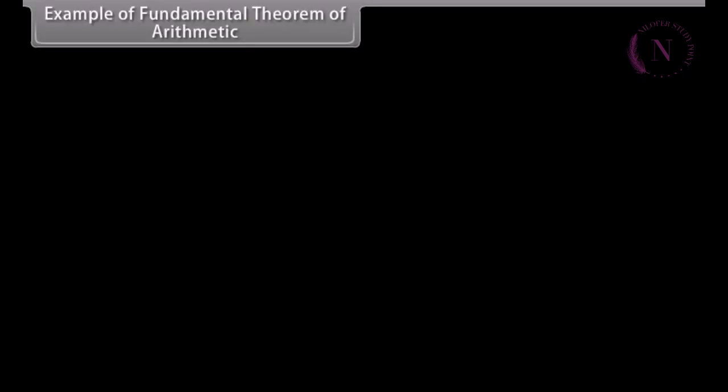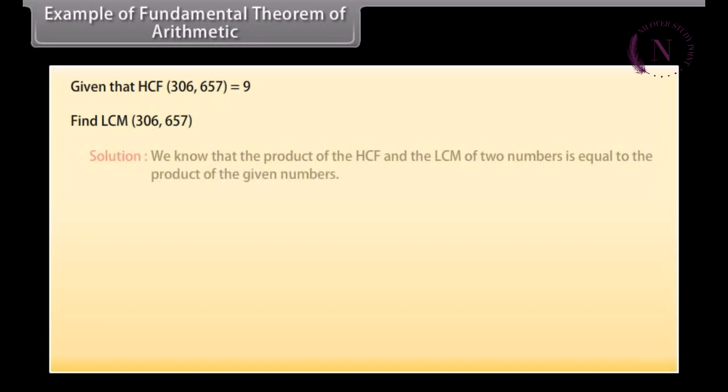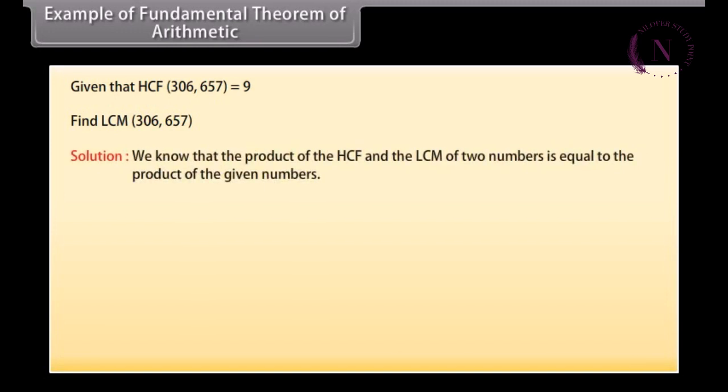Examples of the fundamental theorem of arithmetic. Given that HCF(306, 657) = 9, find LCM(306, 657). Solution. We know that the product of the HCF and LCM of two numbers is equal to the product of the given numbers. Therefore, HCF(306, 657) × LCM(306, 657) = 306 × 657, so 9 × LCM(306, 657) = 306 × 657.